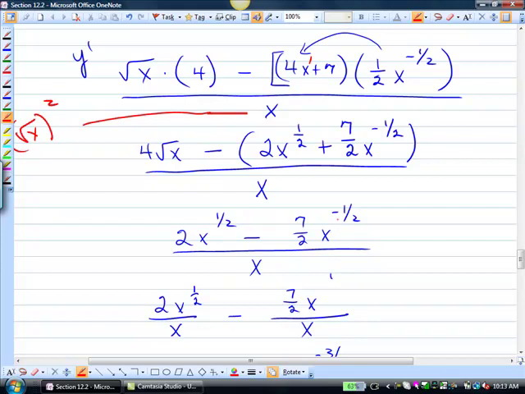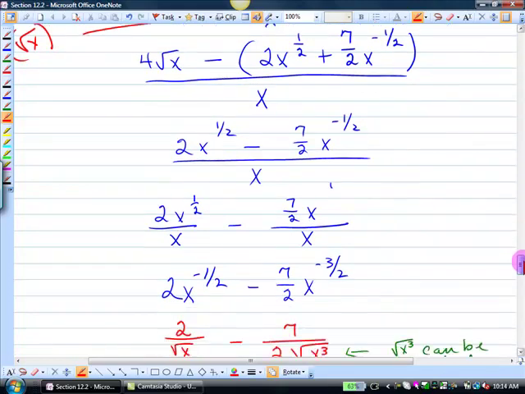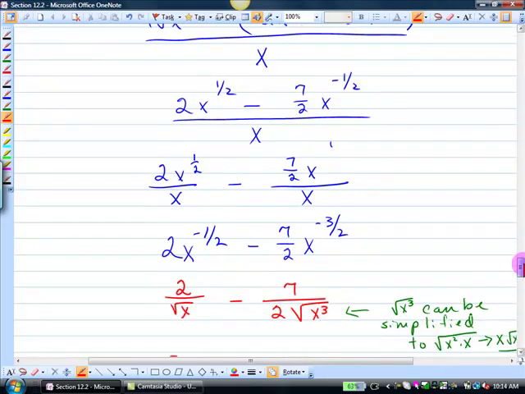Okay. From that point, I'm not sure if I did anything there. Okay. If you separate these, you have 2x to the 1/2 over x minus 7/2 x over x. Can you do that?